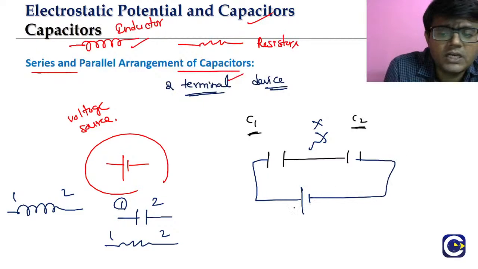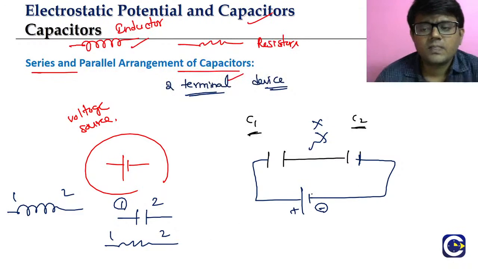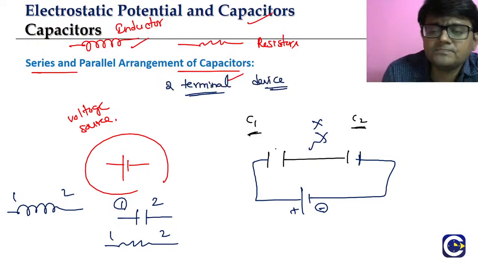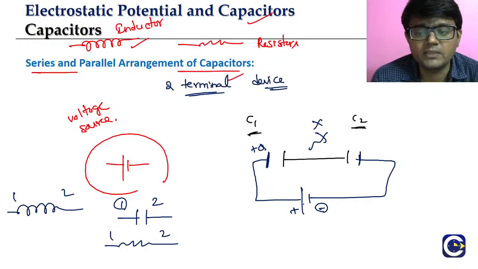Now with regard to the series arrangement, look, if you connect this side to the positive terminal of the battery and this side to the negative terminal, once you connect it to the voltage source, see what happens. The plate on this side will get positive charge, because it is directly connected to the positive terminal of the battery.